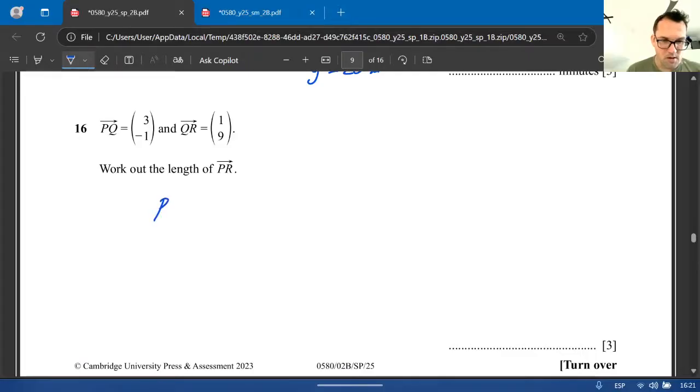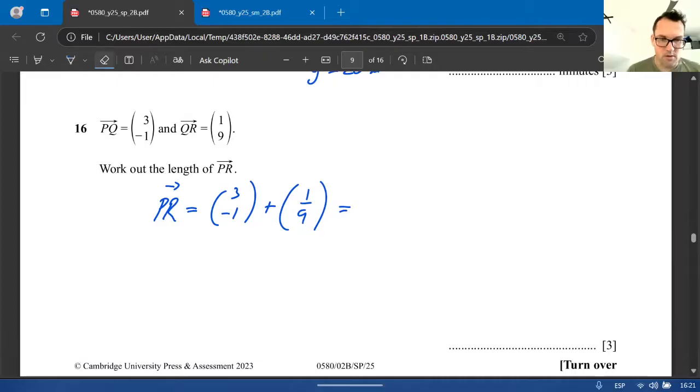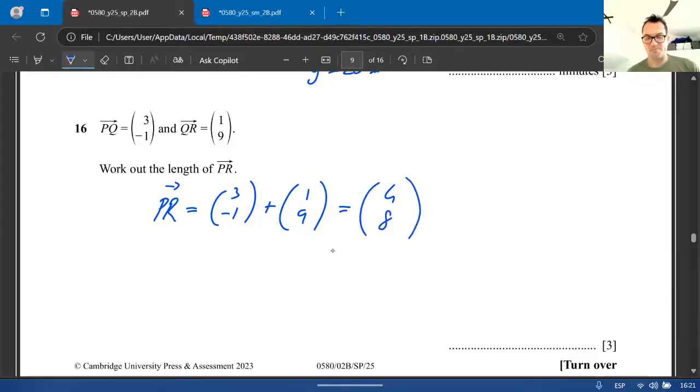Okay, so PR equals 3 minus 1 plus 1 over 9. Do not put a little line there because it's not a fraction. 3 plus 1 is 4. 9 minus 1 is 8. That's the new vector, 4, 8. It's simply a vector that goes 4 to the right, 8 up.